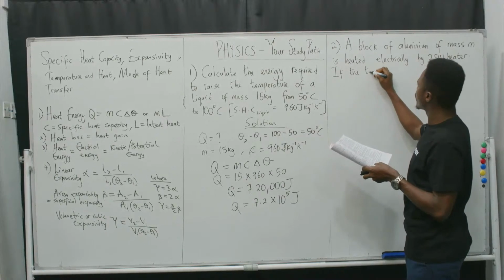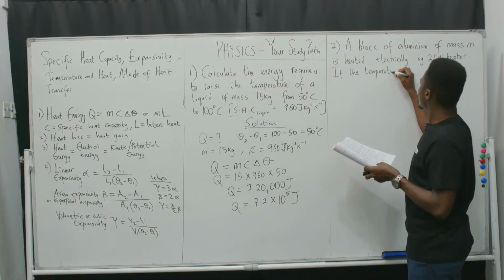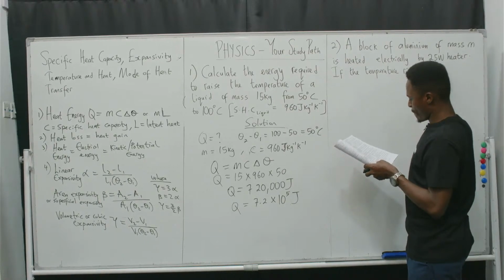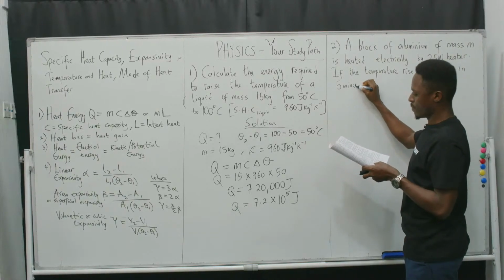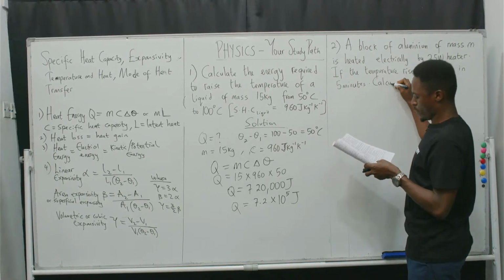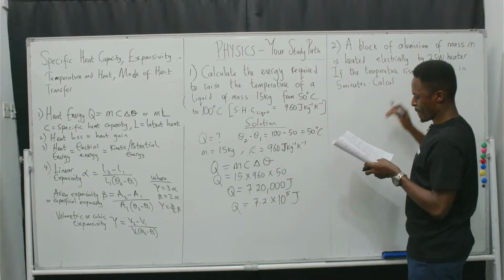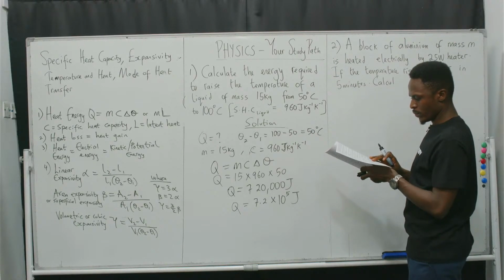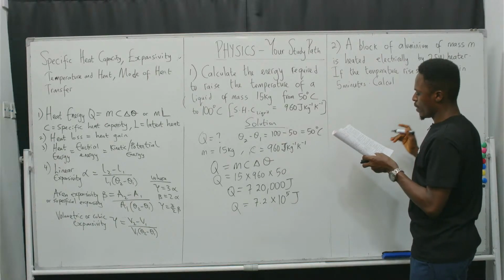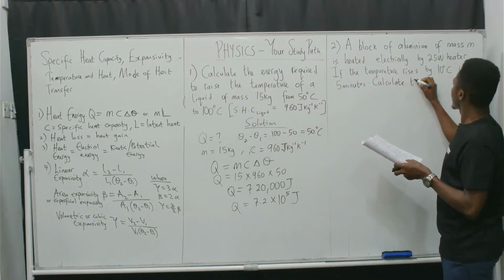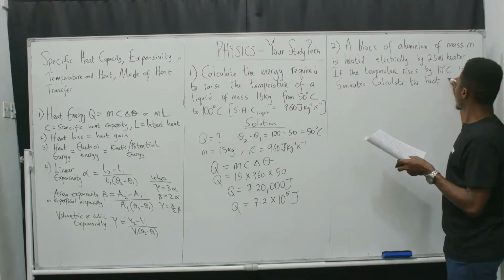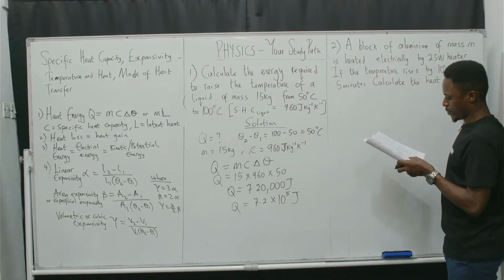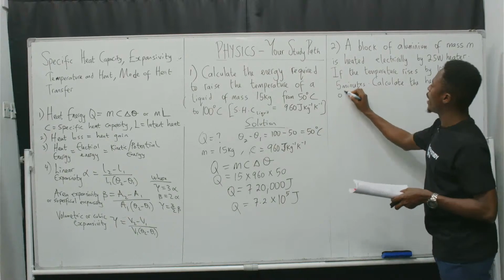If the temperature rises by 10 degrees Celsius in 5 minutes, calculate the heat capacity of the aluminium.